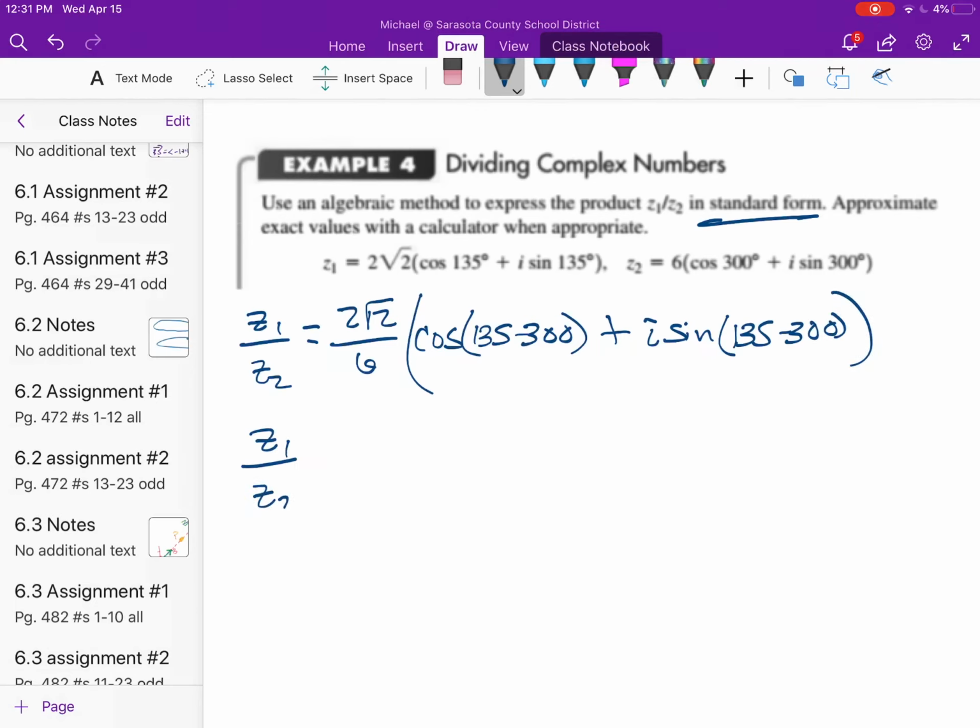So we get z1 over z2, and the 2 and the 6 cancel to give us square root of 2 over 3. Then we get cosine of 135 minus 300, which is negative 165 degrees.